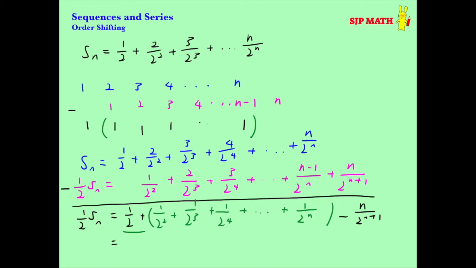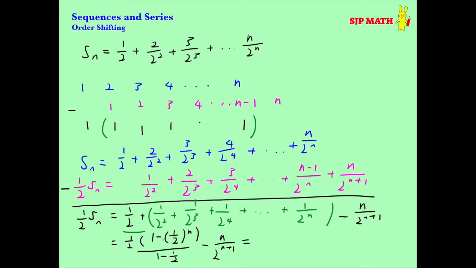So we get, if we include this, since you should be familiar with how to do this, I'll just do half times, over 1 minus half, minus n over 2 to the n plus 1.